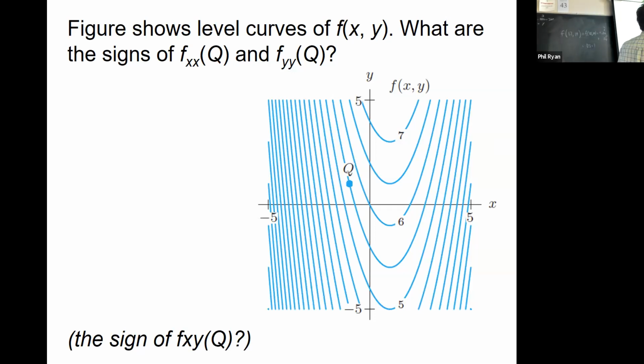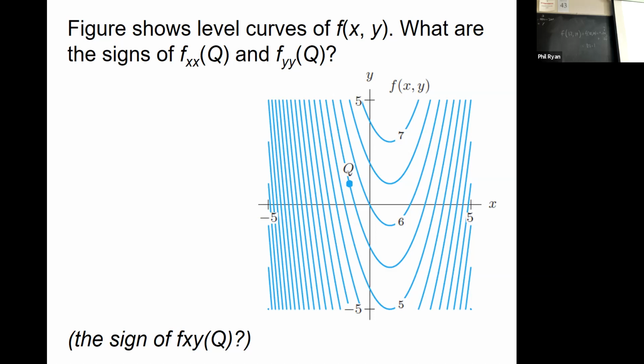So we have second order derivatives. For example, to figure out fxx, we have Q. If we go in this direction, we're going upwards, so fx is positive, but fxx is negative, because the contours are spreading further apart. So it's kind of looking like this.